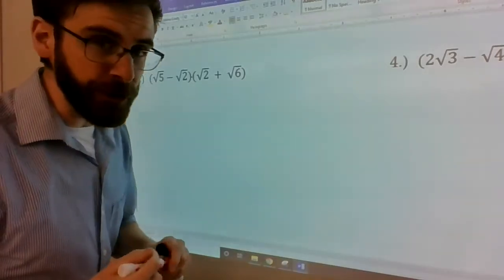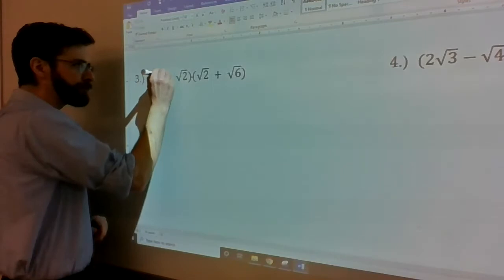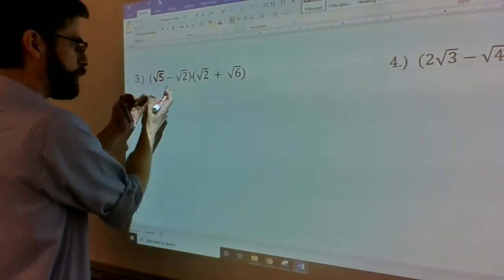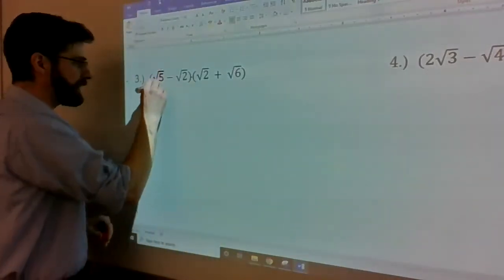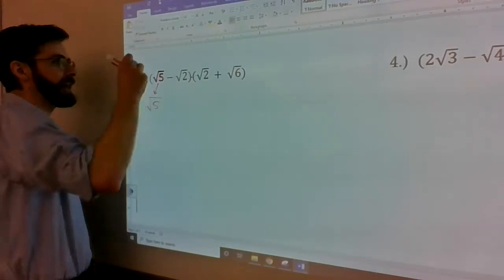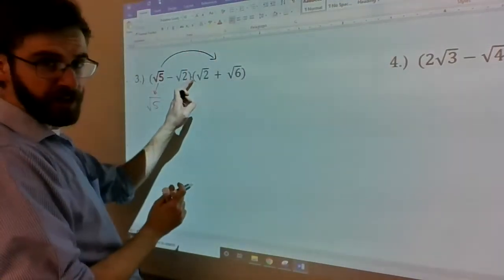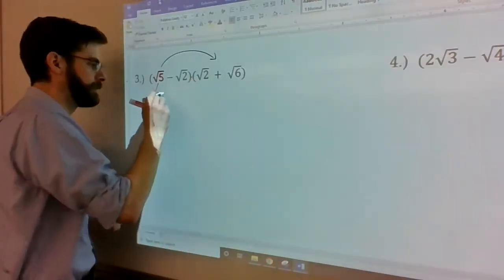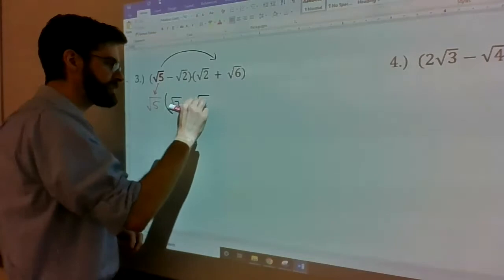What I can do is use a little bit of separation. I can say, hey, this root 5 needs to be multiplied by everybody over here. So I'm going to do a rewrite. I'm going to say root 5 is going to be multiplied by everybody in this second group, because this multiplication here has to be honored. Root 2 plus root 6.